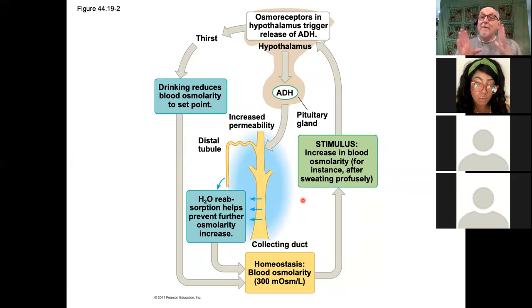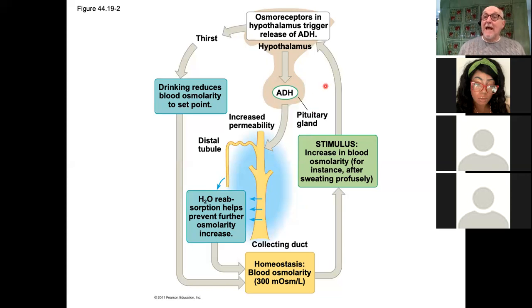Well, the hypothalamus is one of the most important sensor systems in the body. It senses all sorts of physiological and environmental status. And one of the things which it does sense is your osmolarity.